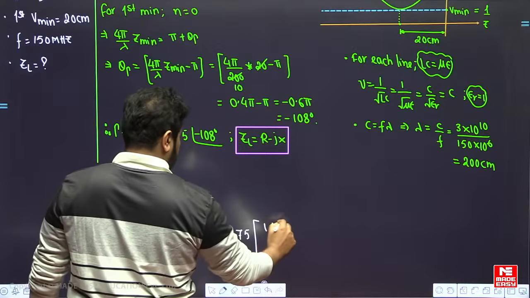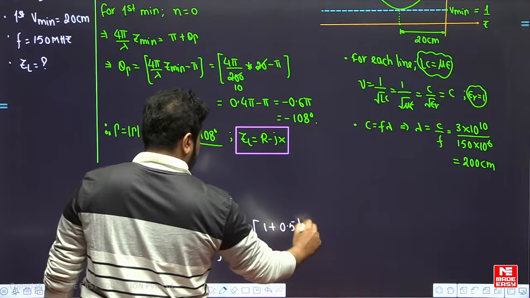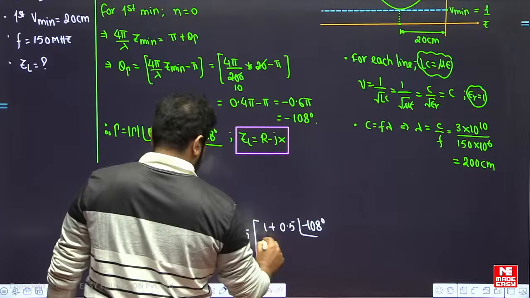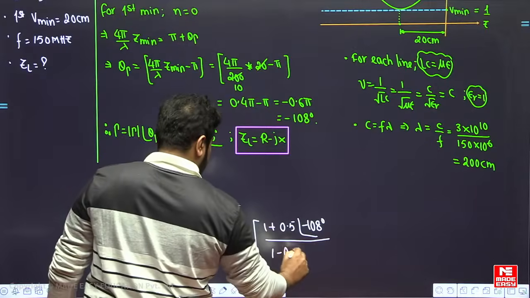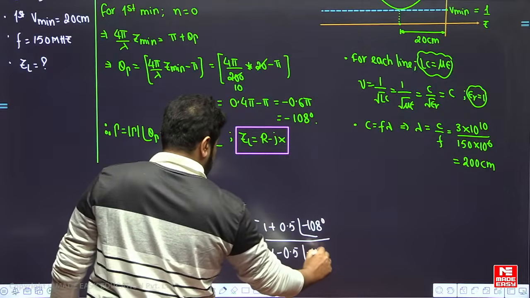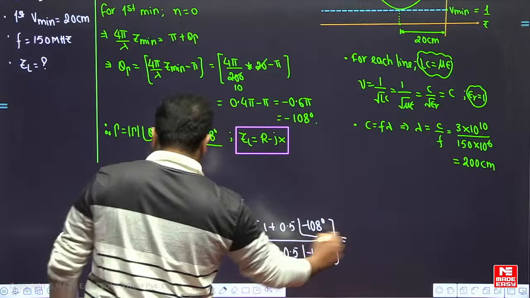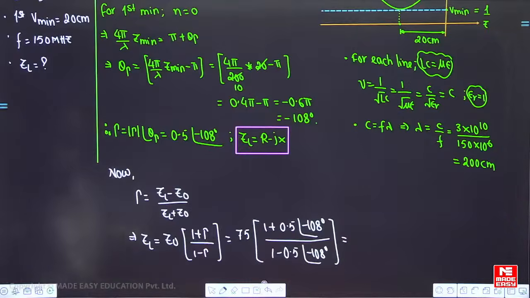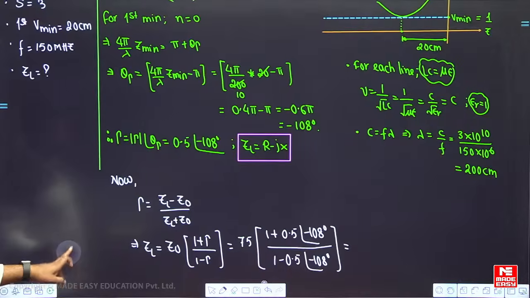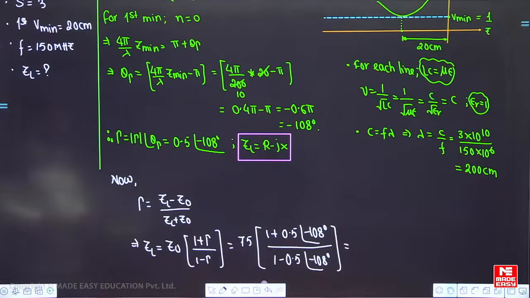1 plus gamma means 1 plus 0.5 at an angle of minus 108 degrees, divided by 1 minus 0.5 at an angle of minus 108 degrees. From here directly you will get the magnitude, correct. Okay, I have the calculator, so it will be easy for me to calculate.